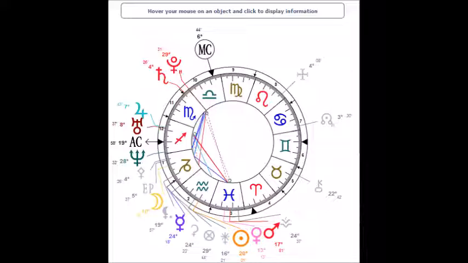Her Venus is 1313. All right, so we're gonna look at the number 24 again.